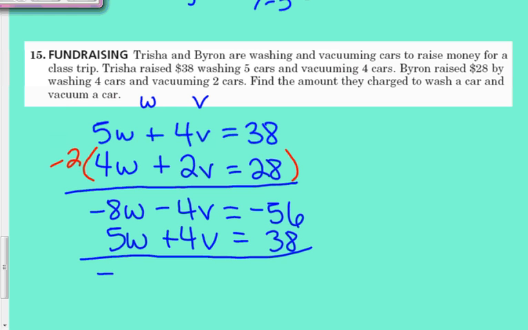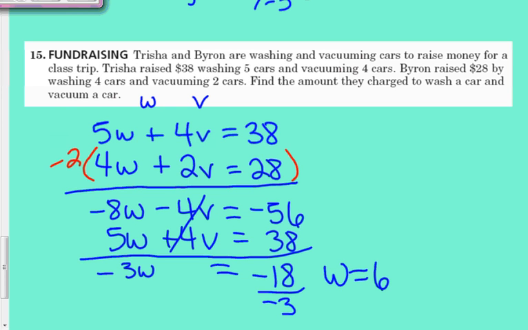Now this will create a -3w. The v's are gone. And then we have to subtract these two because they're opposite signs. And you'll get a -18. Divide that -18 by -3.